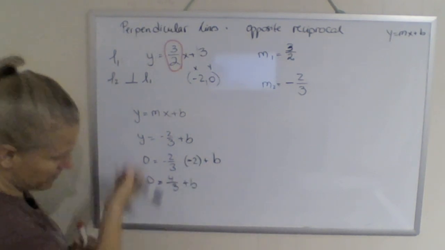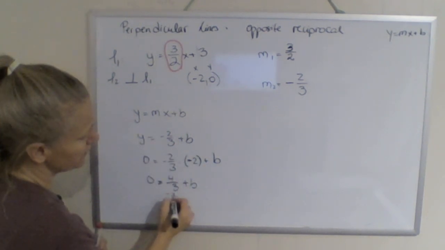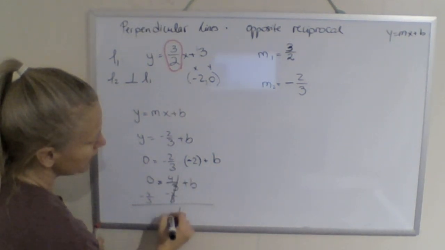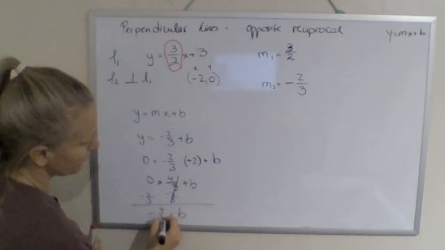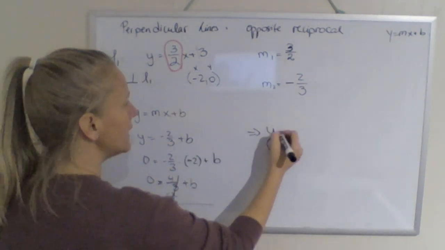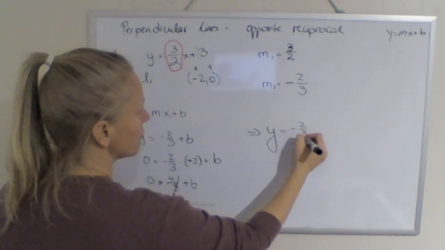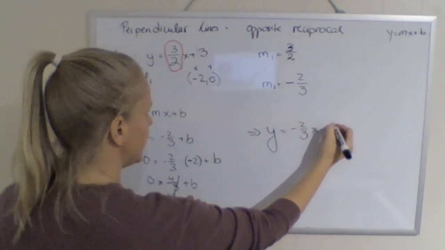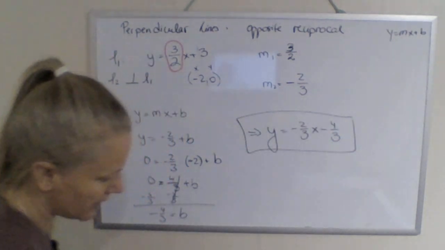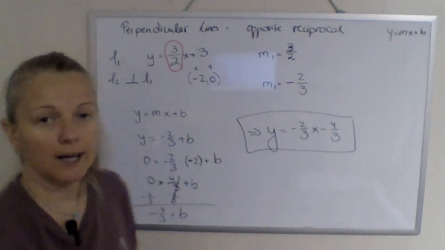All I have to do is minus the 4/3 on the other side, which means b equals -4/3. Now I can go ahead and finish this line. Y equals -2/3x minus 4/3. This is the equation of the line perpendicular to that line.